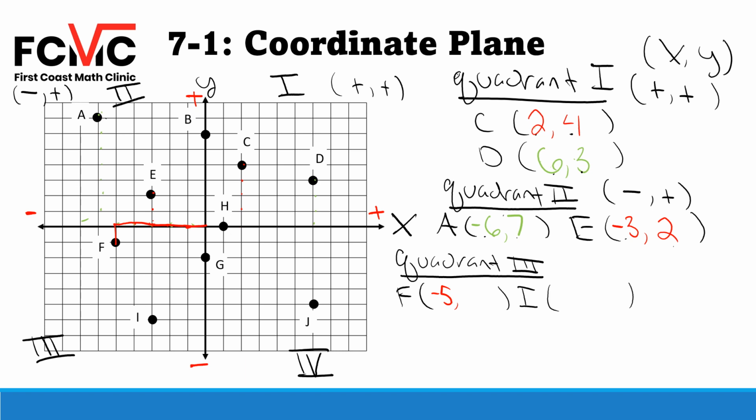So we're moving to the left because this is a negative direction, and then down, which is a negative direction, negative 1. I, moving to the left, 1, 2, 3, so negative 3. And then down, again, another negative direction, 1, 2, 3, 4, 5, 6, negative 6.